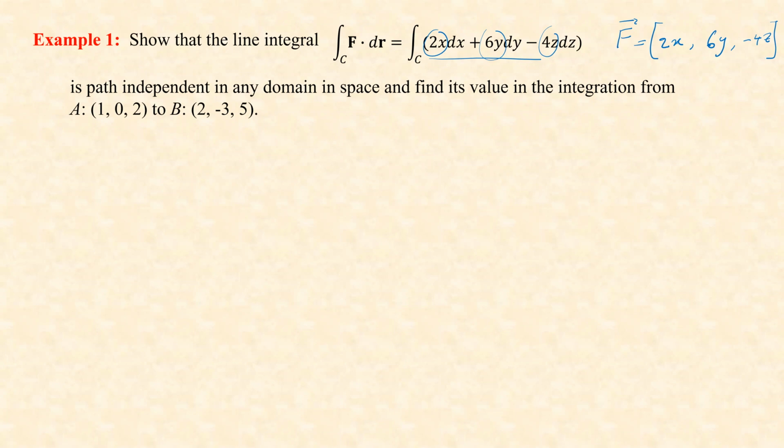So you want the partial with respect to x to be 2x, the partial with respect to y to be 6y, and the partial with respect to z to be negative 4z. So if f is x squared plus 3y squared minus 2z squared, it fulfills this condition. Now the gradient of f is equal to F.